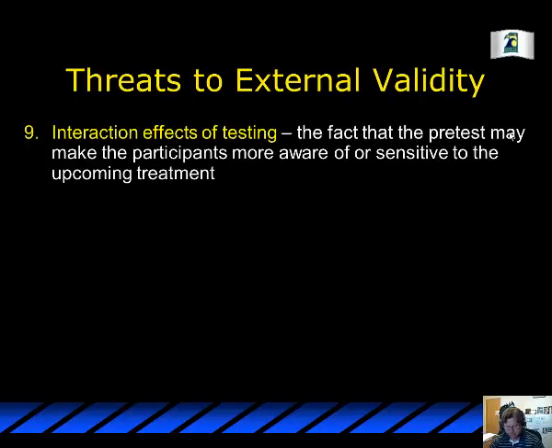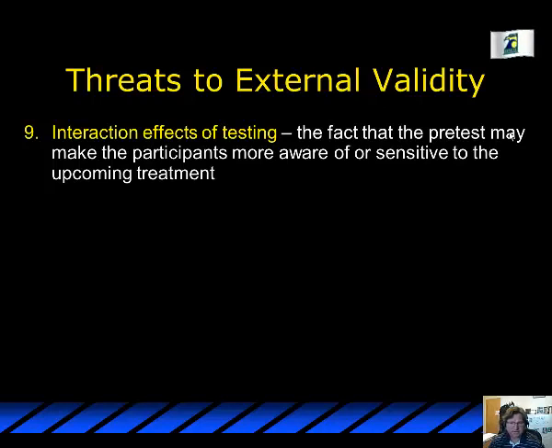So let's briefly look at some of these threats. The interaction effects of testing occurs when the pre-test changes the group's response to the experimental treatment, thus making the group unrepresentative of any particular population and certainly unrepresentative of a population that has not been pre-tested.